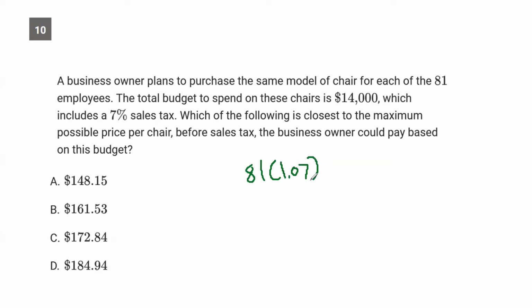If the original price is 100%, which is 1, you add 7% and make it 1.07 times price equals 14,000. Then you're going to divide by 81 times 1.07. You could find what that is, but I just do that at the end when I'm putting it in the calculator.